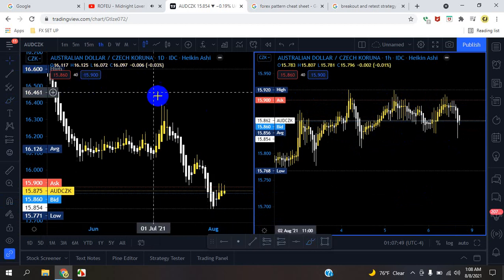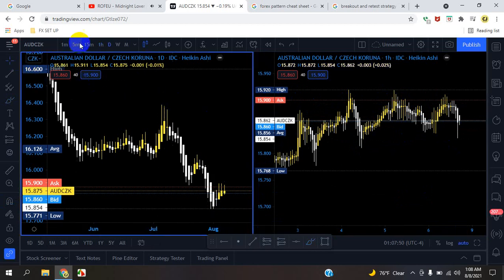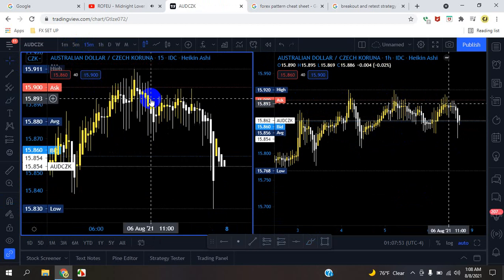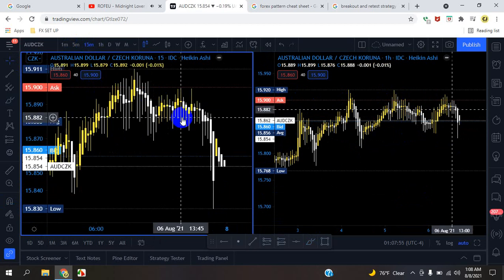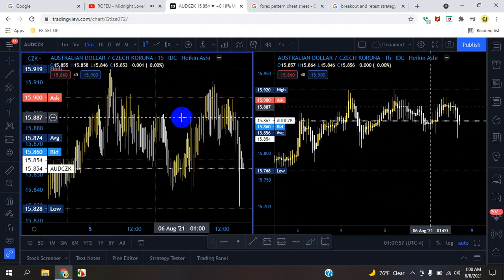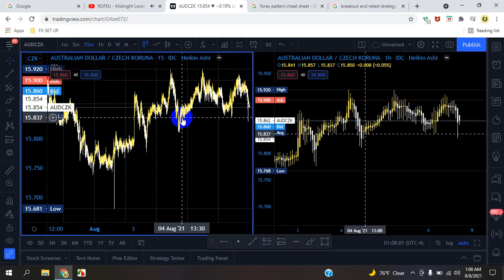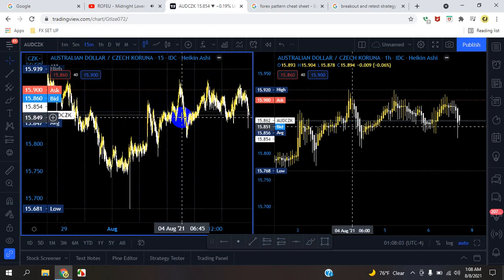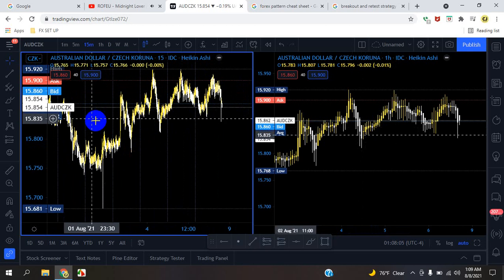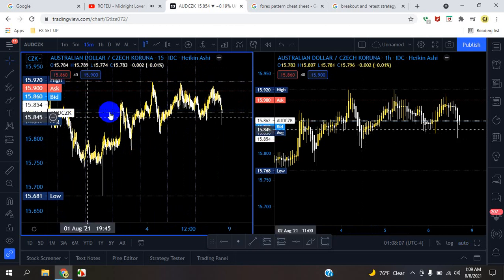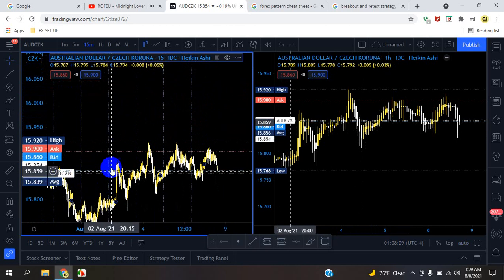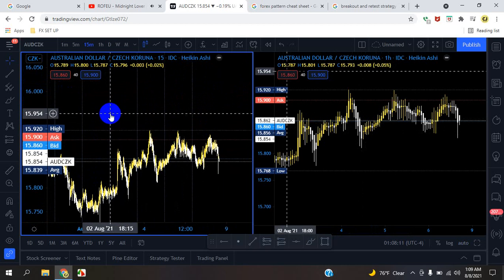Let's head over to our left screen. We're gonna head down to the 15-minute time frame. We can see the same thing. The market is basically consolidating in that area on the 15-minute time frame as well.